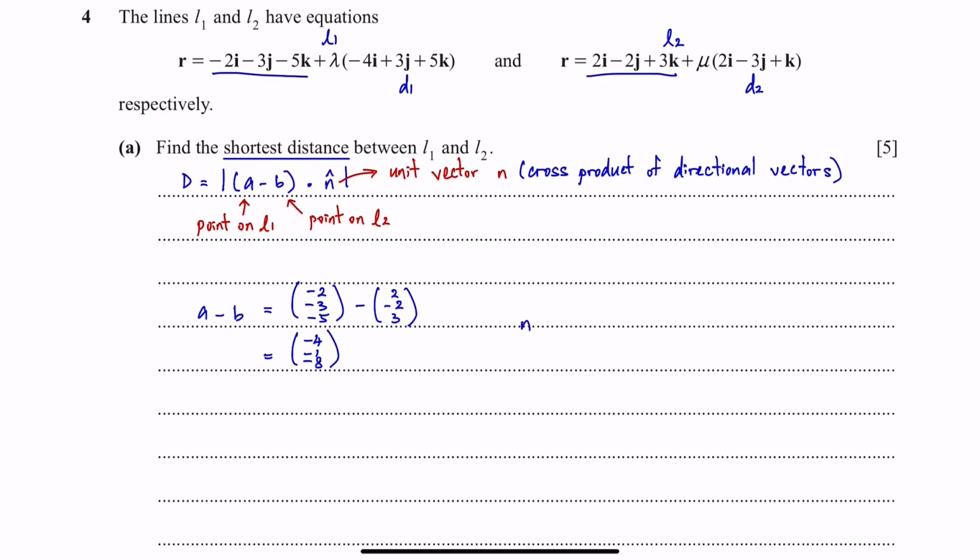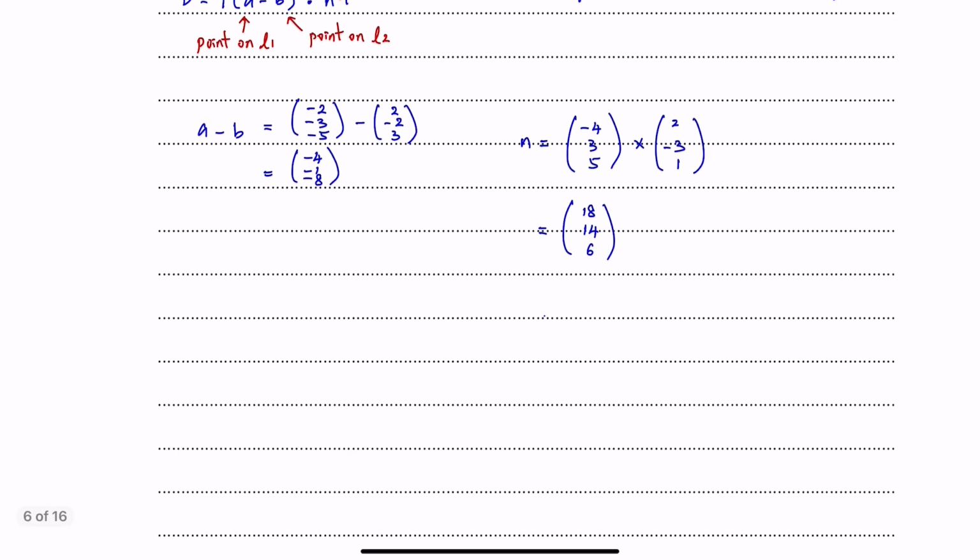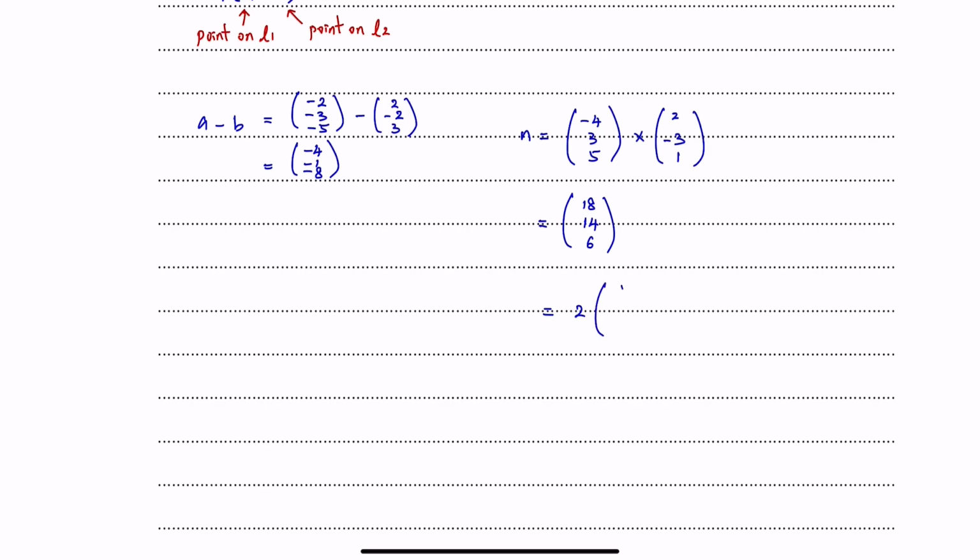So N will be minus 4, 3, 5 cross product with 2, minus 3, 1. And this we can factorize the 2 out, so we get 9, 7, 3.